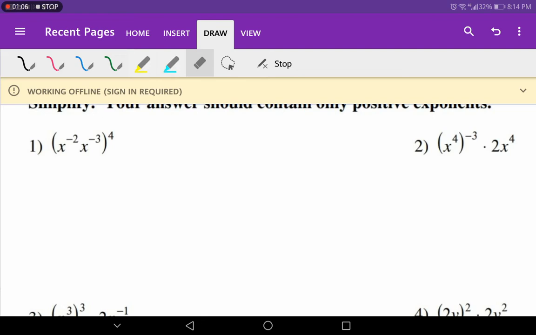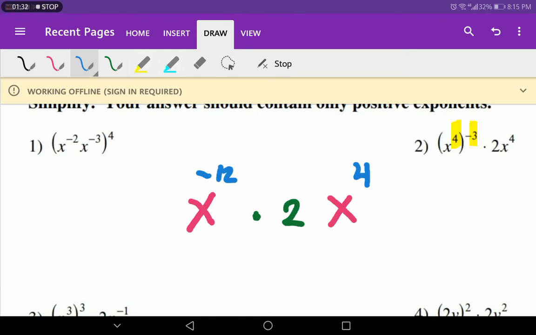We have power over power. That means we have to multiply, and the base is x, so x with power negative 12. And we continue: multiply 2 with x with power 4.